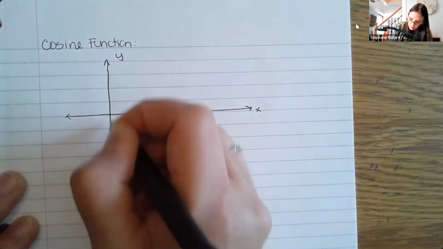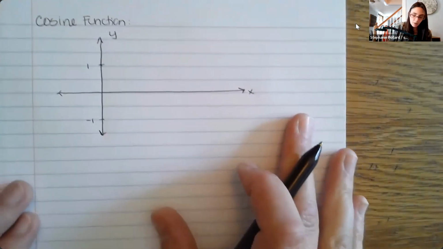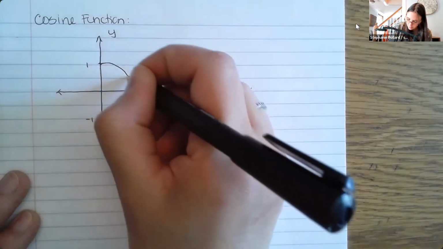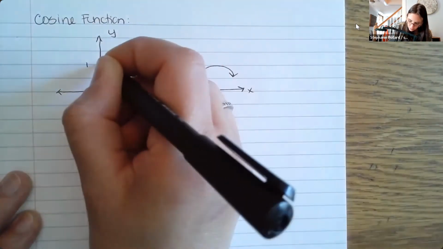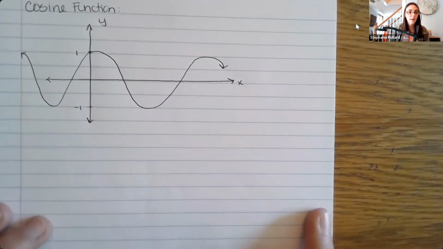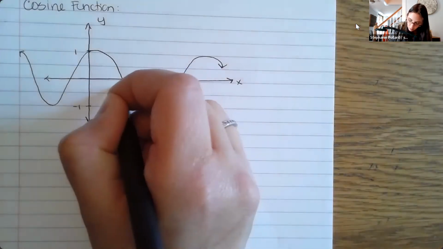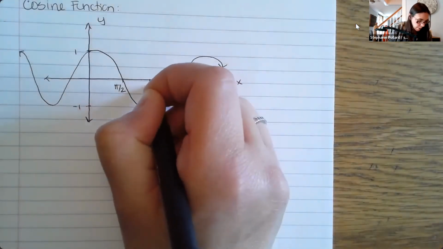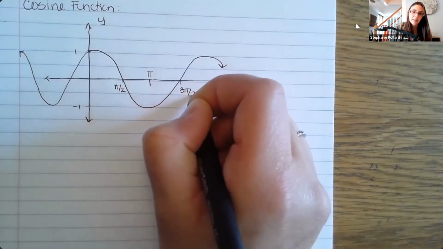And see, this will be 1. I'm just doing a rough graph just so we can talk about it. So here's my cosine function. And we're crossing here at pi over 2. This is at pi, 3 pi over 2, etc.